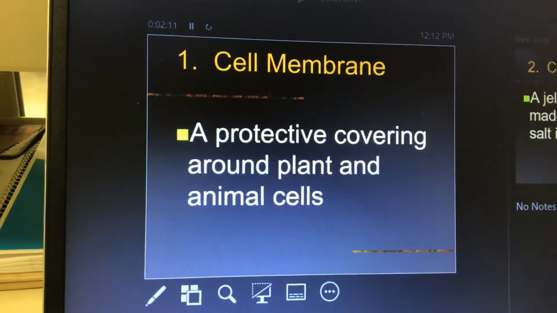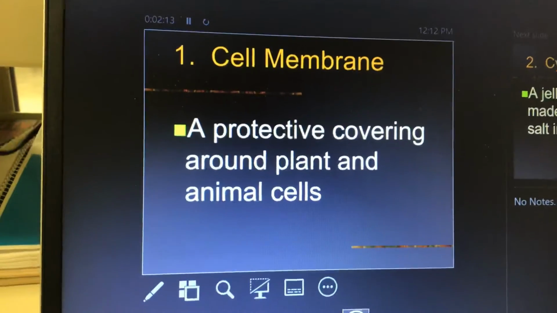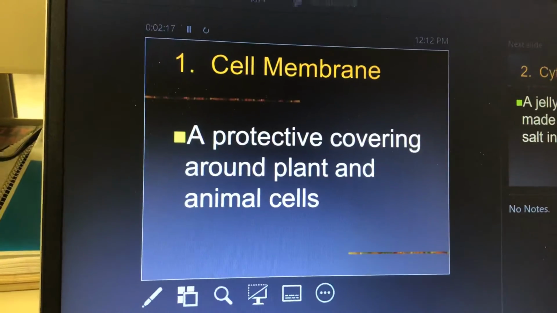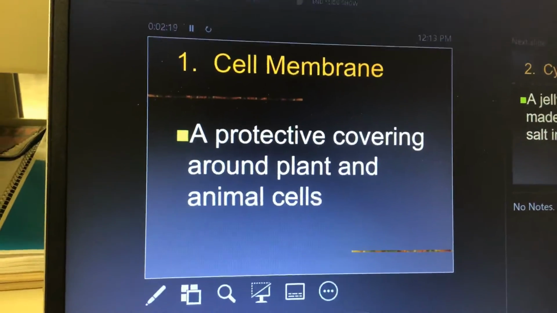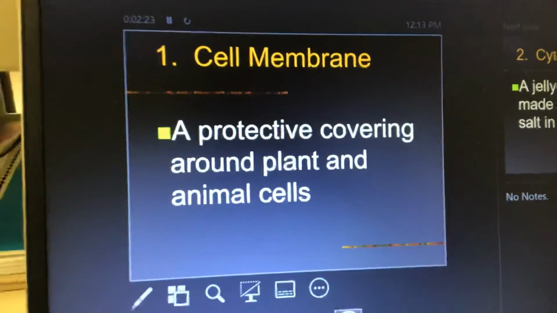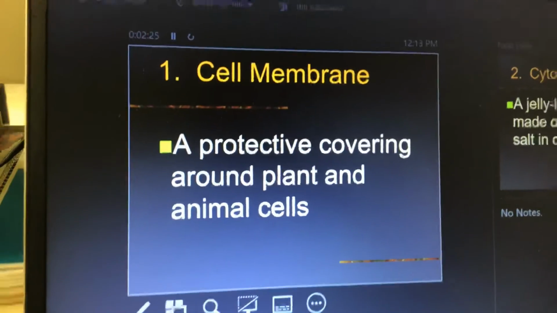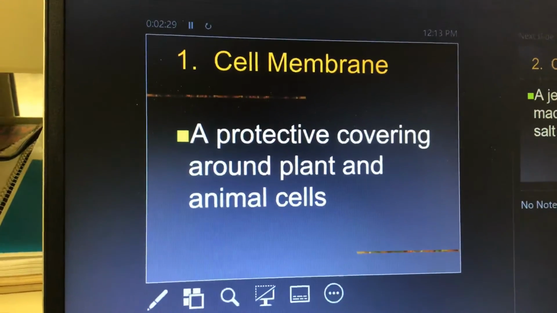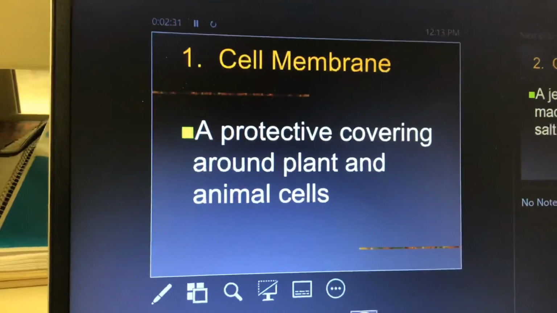I kind of think of, this is going to sound dumb, but like an M&M, they have the candy coating. On the inside is the chocolate and maybe a peanut or a pretzel or something. The cell membrane is kind of the candy shell. It lets certain things in, and it keeps a lot of bad things out.